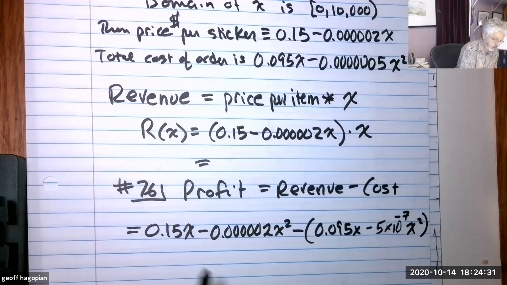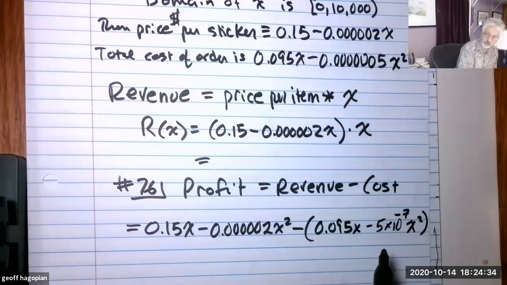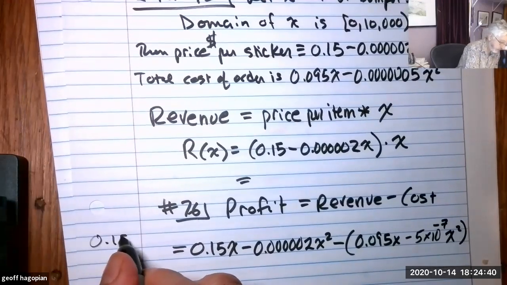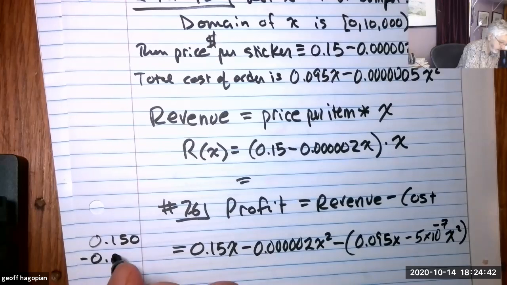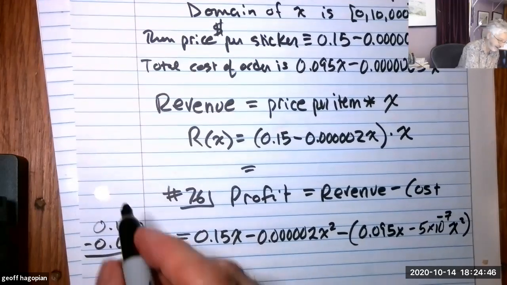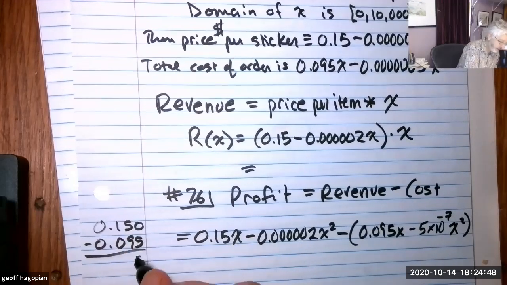And so now we got some like terms to combine. So 0.15 take away 0.095. I have to write that down because I'm notoriously bad at arithmetic. Yeah, that's going to work.